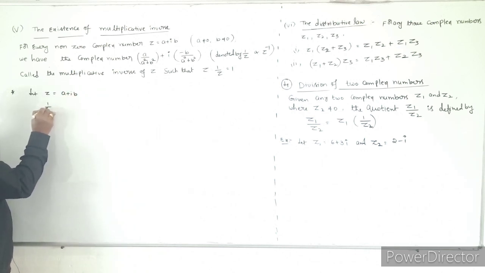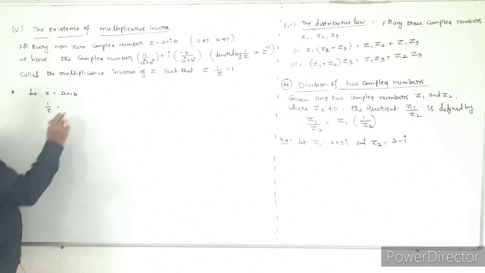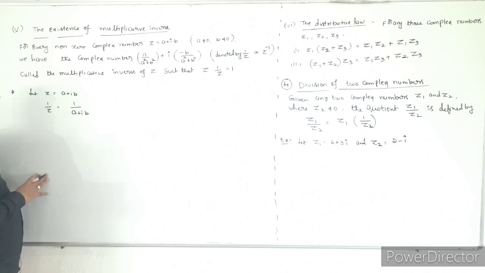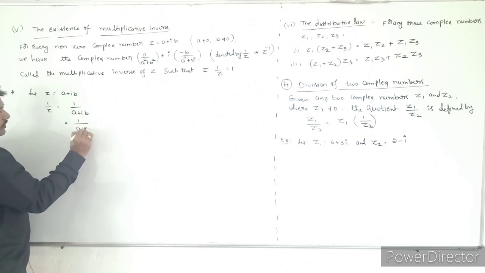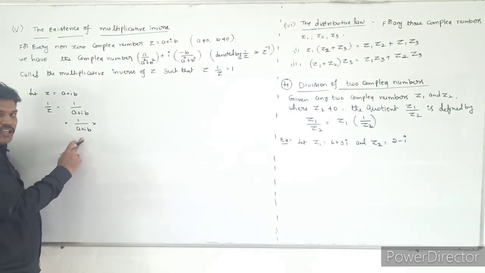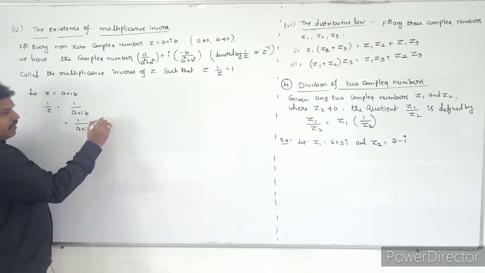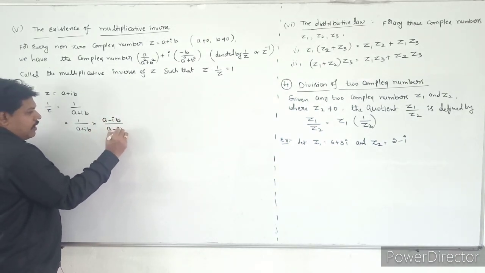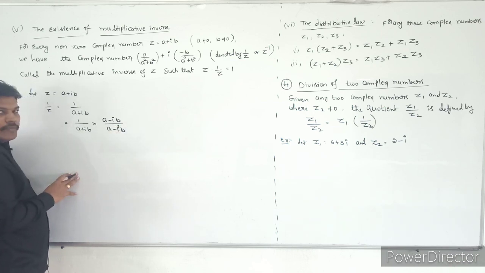Then 1 by z is nothing but 1 by a plus ib. In the denominator a complex number is there, so you can rationalize with a minus ib by a minus ib.